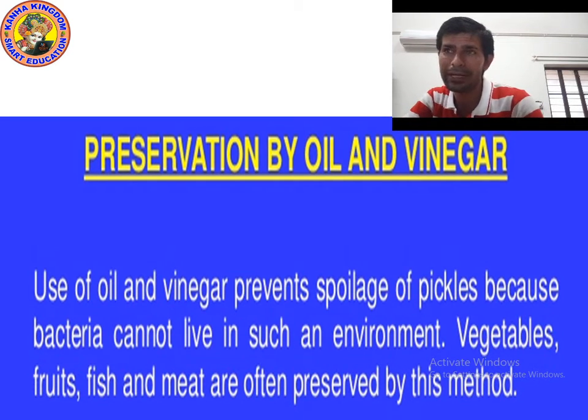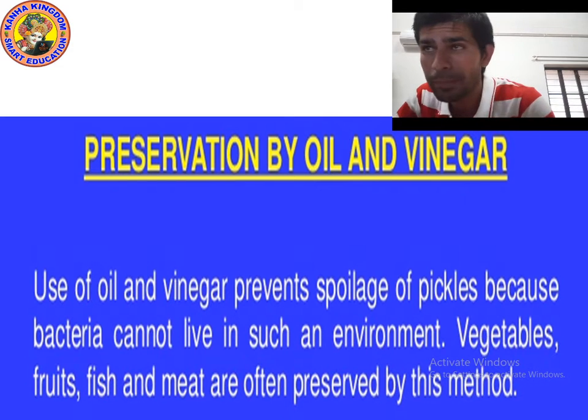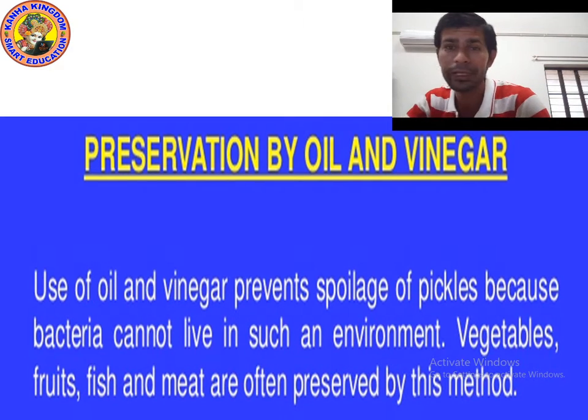Vegetables, fruits, fish, and meat are often preserved by this method. We can protect them from the growth of bacteria using oil and vinegar.